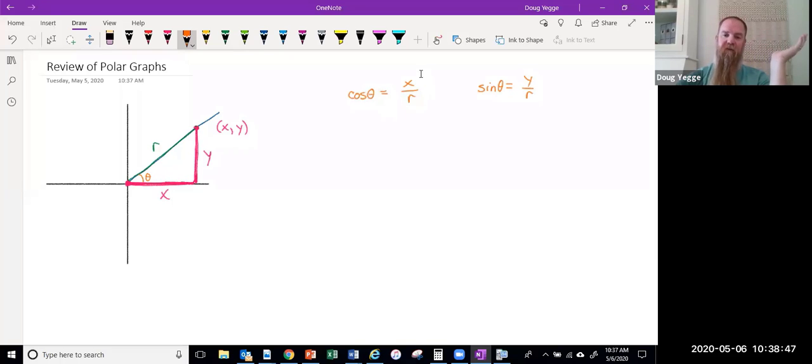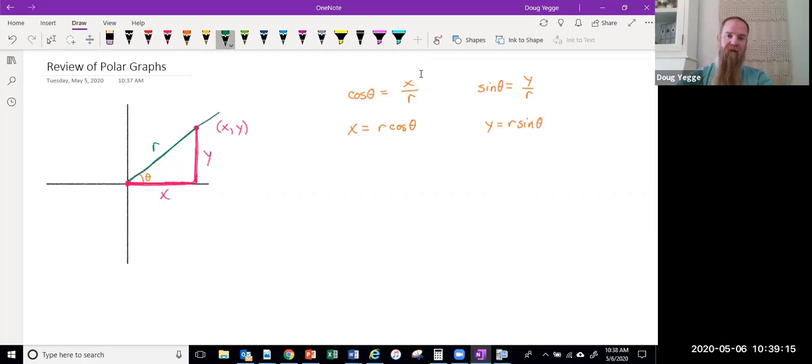Which also demonstrates that if r happened to be 1, meaning I was on the unit circle, then cosine of theta would simply be x and sine of theta would be y. But if it's not, and maybe the radius is 3, now I've got to realize that x is equal to r times cosine theta, and y is equal to r times sine theta.